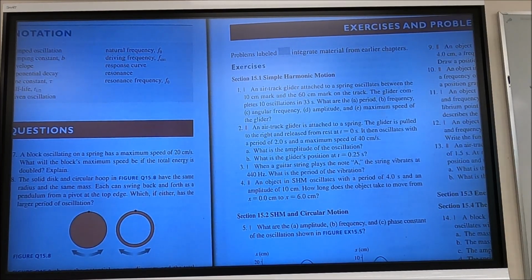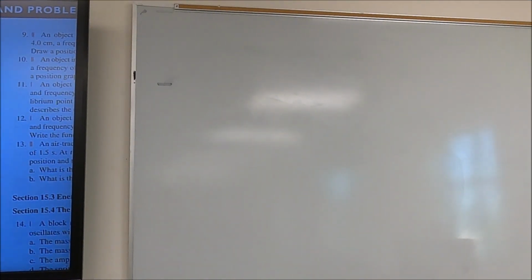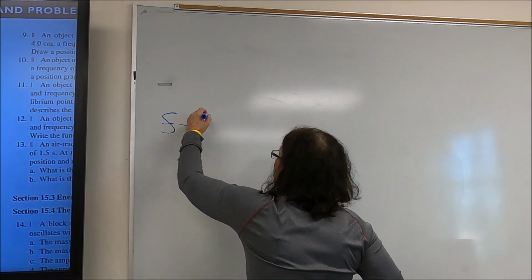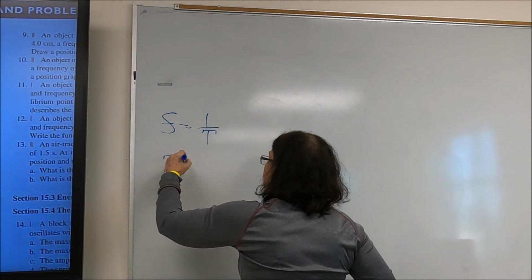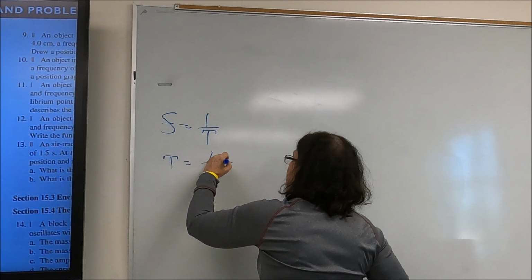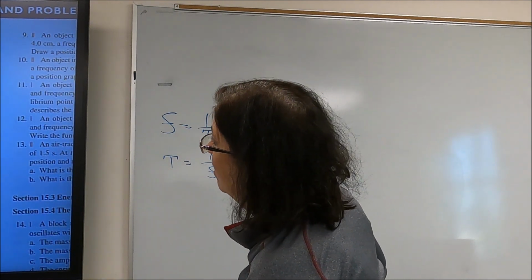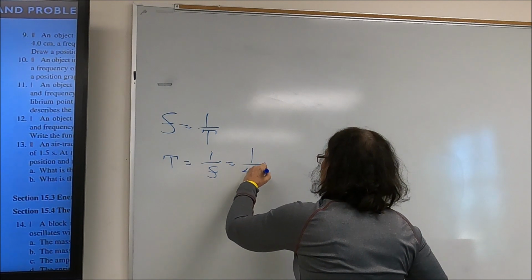Okay. Now, we know the relationship between frequency and period is that frequency is equal to 1 over period. So period should equal 1 over frequency. So I've got 1 over 440 hertz.